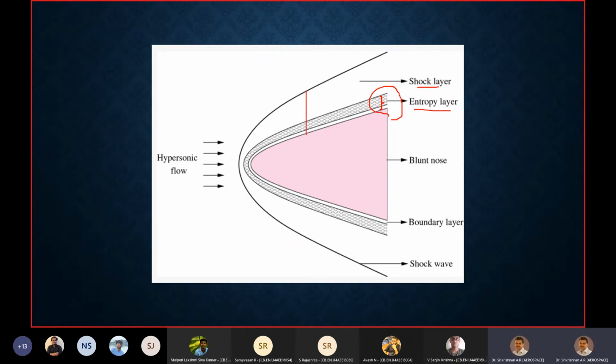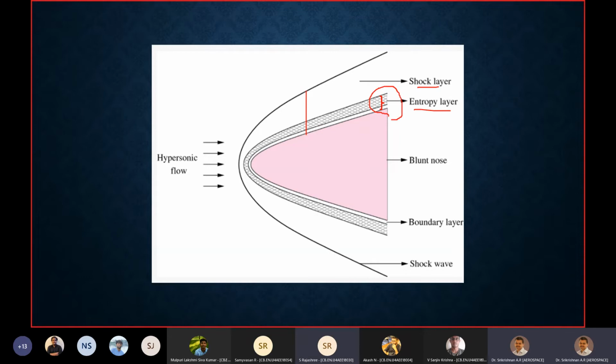Otherwise, the entropy layer actually spans all across, where the gradient may keep reducing as you go away, but you will have more prominent effects near the wall. Any region that you take, you can identify with whatever thickness you have, and consider that the layer thickness at that location.